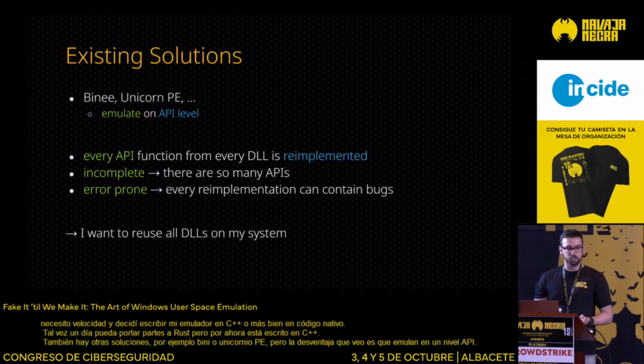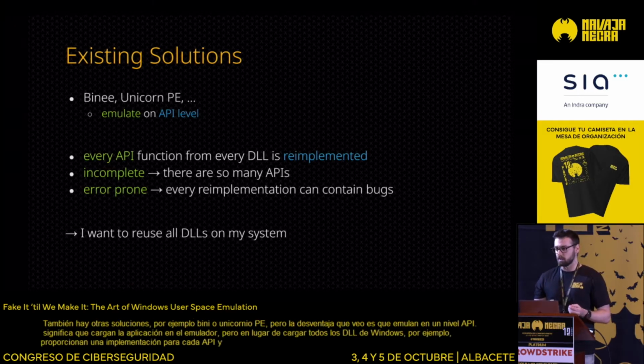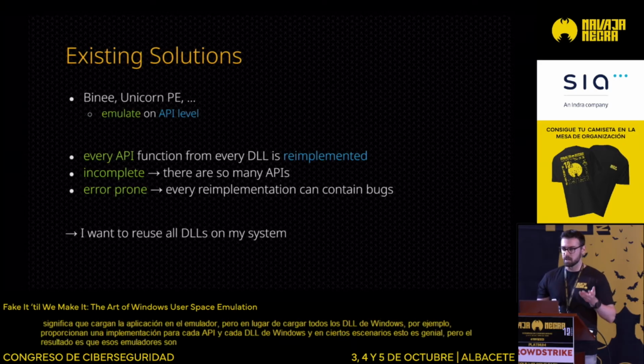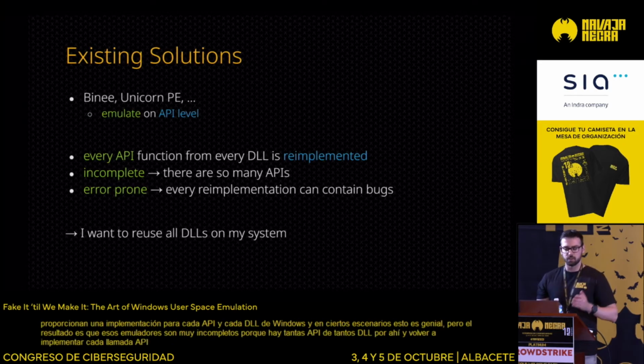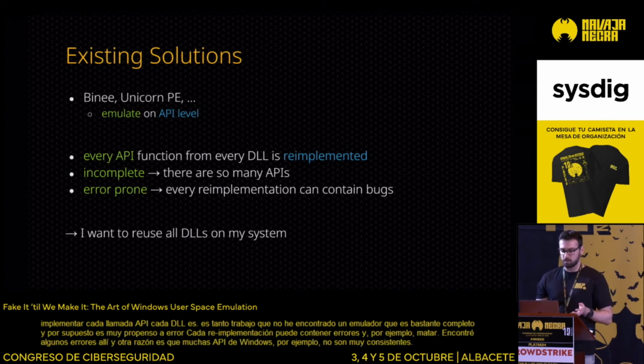Every re-implementation can contain bugs. And for example, Qiling, I found a few bugs there. And another reason is that many Windows APIs, for example, are not very consistent. For example, there is an API GetUserName, which returns a null-terminated string, and then there is GetWindowsDirectory, which returns a non-null-terminated string, for example.